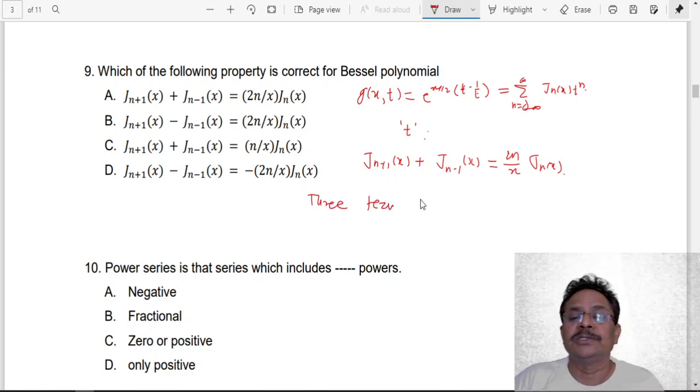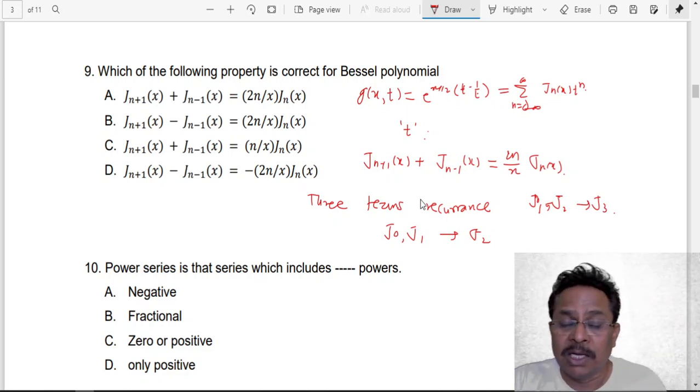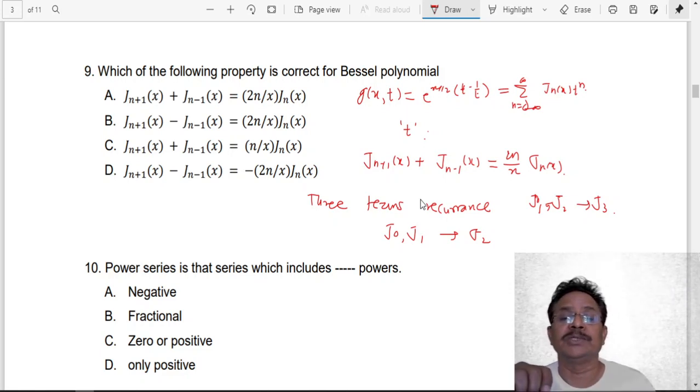Knowing the values of J0 and J1, one can go for J2. Similarly, knowing the values of J1 and J2, one can go for the value of J3. So all higher order Bessel polynomials can be obtained from this type of equation, which is called a 3 terms recurrence relation.